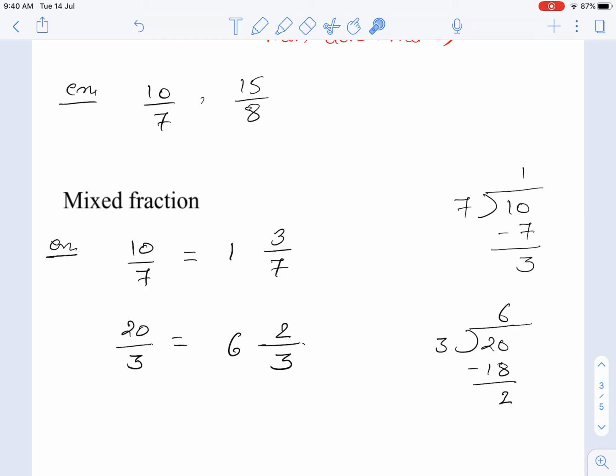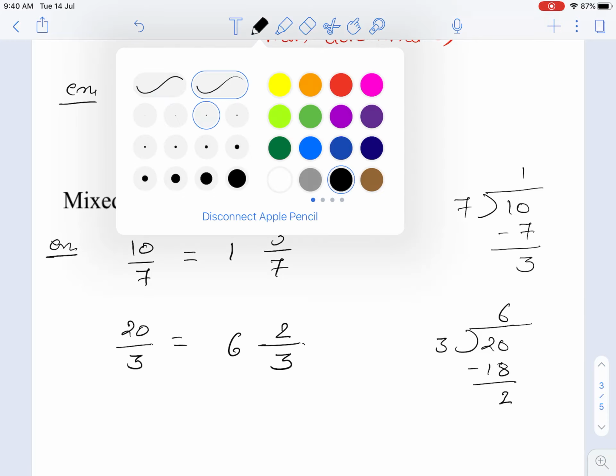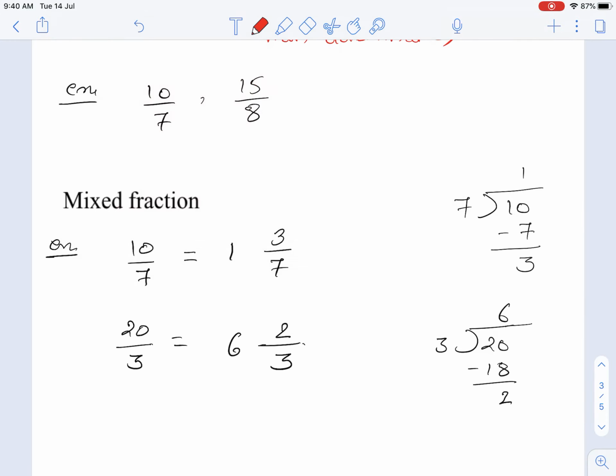Is it clear? So here what we have done, we have converted an improper fraction into a mixed fraction. So what is a mixed fraction? A mixed fraction consists of a whole part and a fraction.